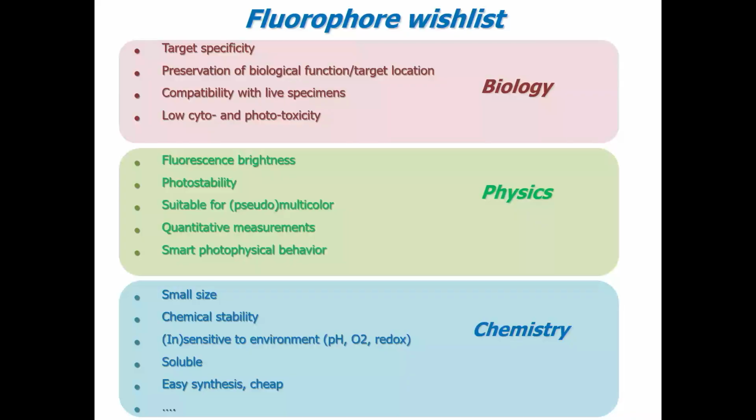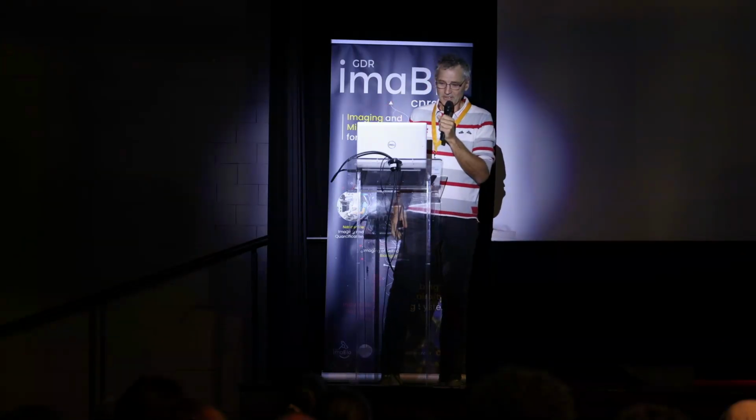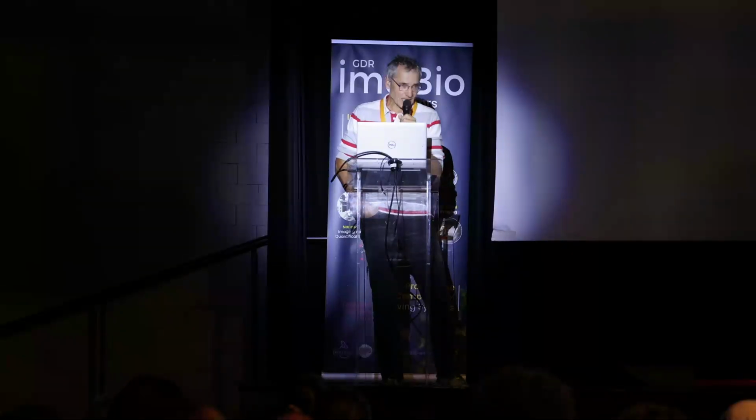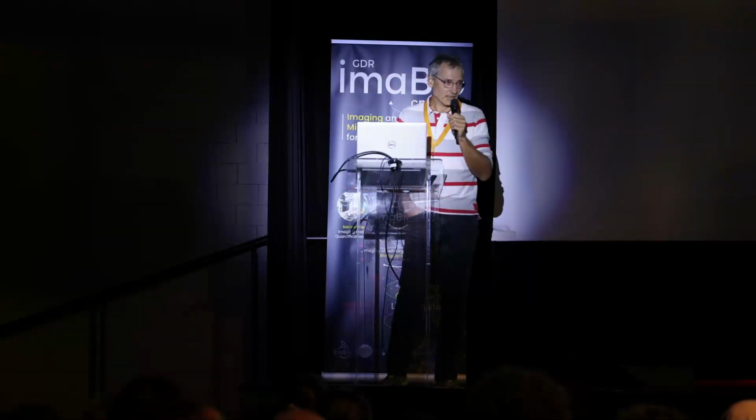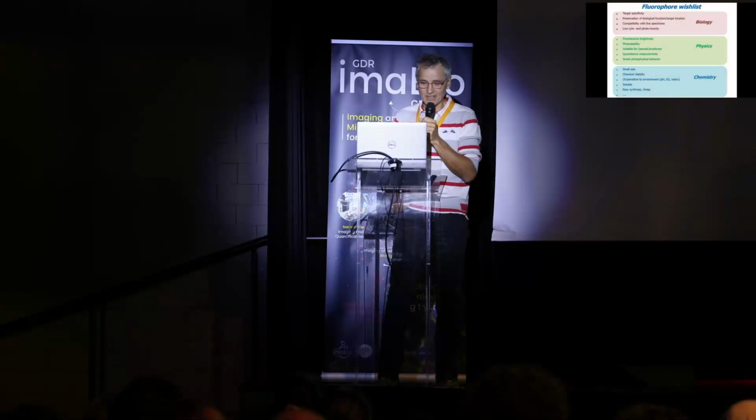In terms of chemistry, if we synthesize fluorophores, we want these fluorophores to be small and chemically stable. Most of the time we want them to be as insensitive to the environment as possible, which is usually difficult. Sometimes, conversely, we want the fluorophores to be specifically sensitive to one environmental parameter.